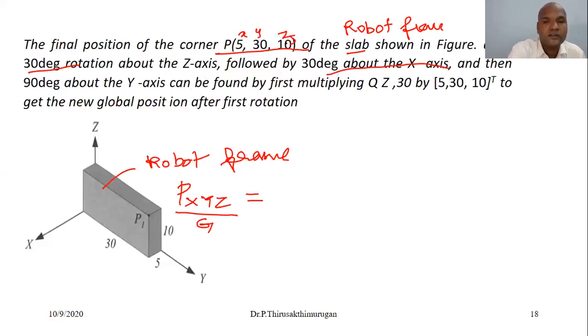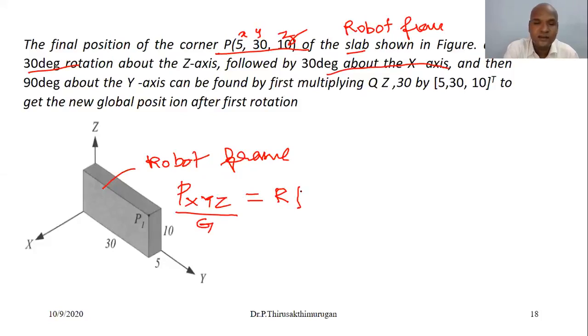So P XYZ is global. What is the relation between global and body frame? If it is rotation, it is a rotational matrix. If it is translational, it is a translation matrix.